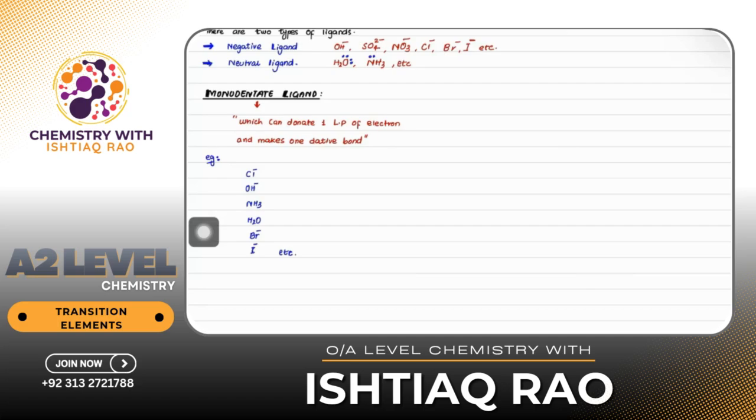In the same way, we have bidentate as well. So, what do you mean by bidentate ligand? Of course, the one which will be donating two electrons, I mean to say, two lone pair of electrons. Okay. So then we have a bidentate ligand.